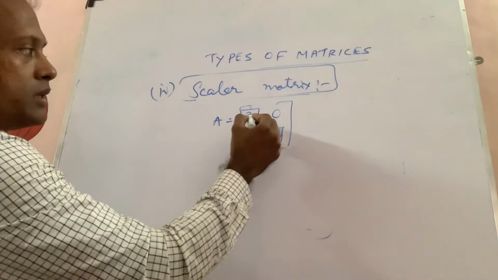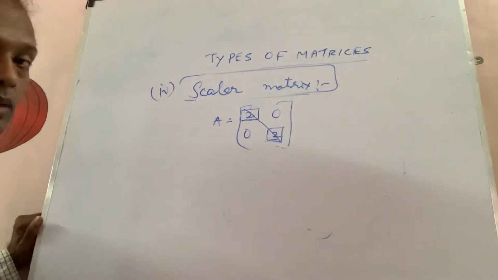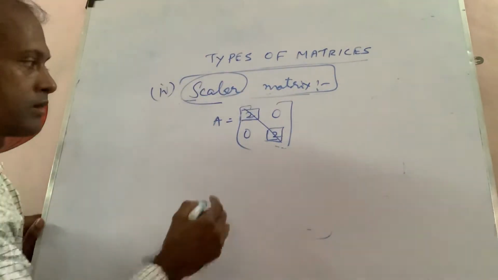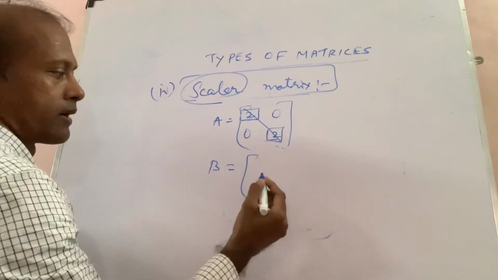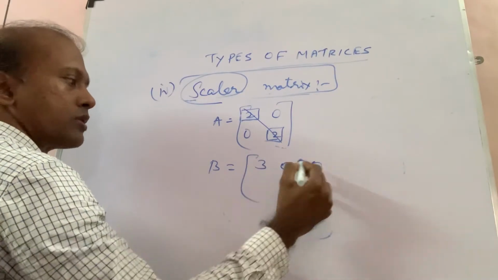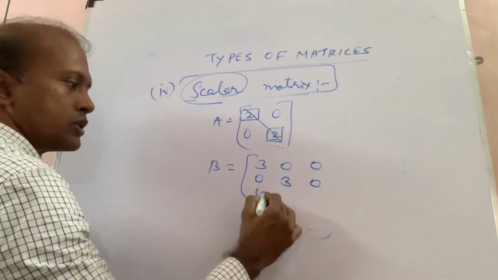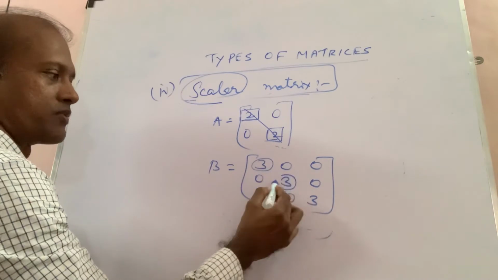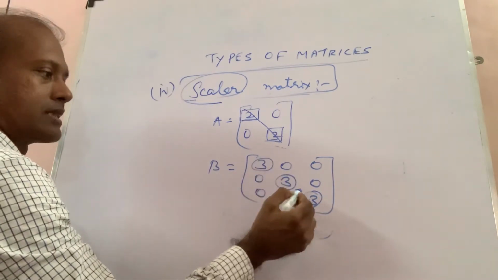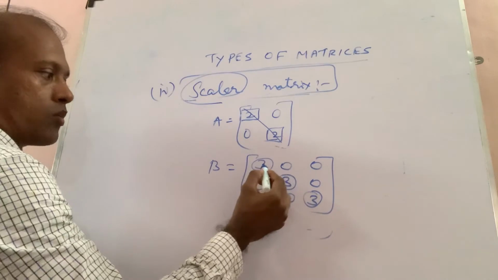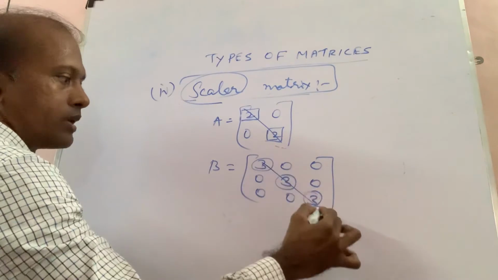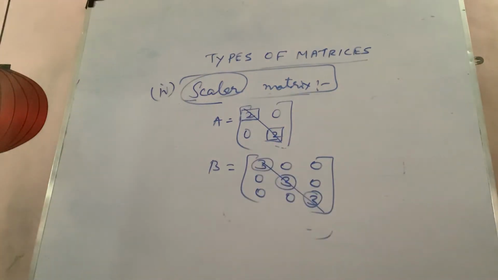Okay. So if these diagonal elements are equal, then that matrix becomes a scalar matrix. One more example. So I have 3, 0, 0, 0, 3, 0, 0, 0, and 3. Just an any number example. It can be x, x, x, or a, or 1, 1, 1, or 2, 2, 2. If the diagonal elements are all equal, then you can call that diagonal matrix a scalar matrix.